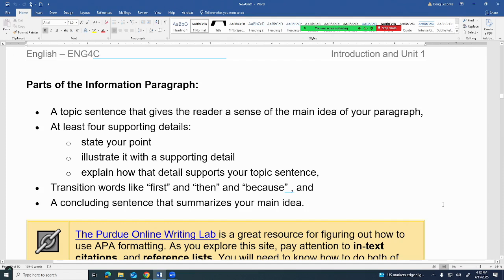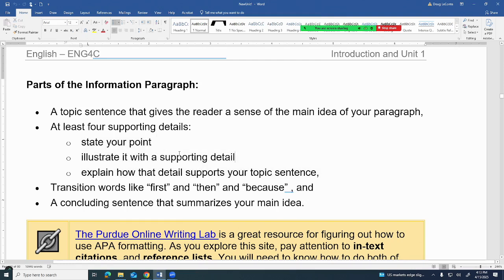State your point, illustrate it with a supporting detail, explain how that detail supports your topic sentence. Okay, so you just don't stick ideas into your report or your paragraph, right? So you state that point, this is why this does this, and illustrate it with a supporting detail.